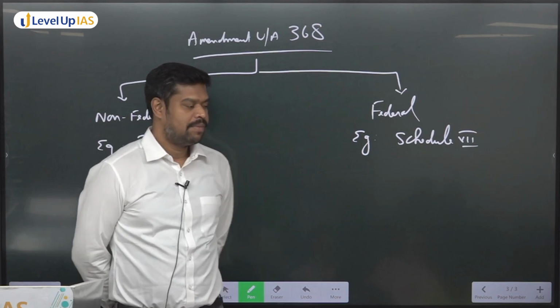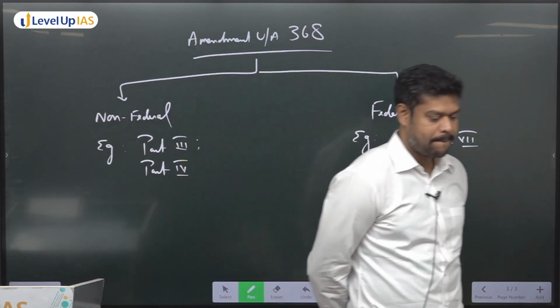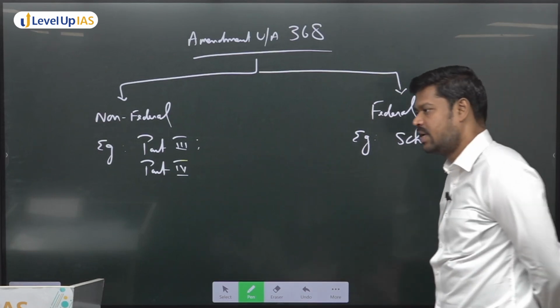What do you understand by amendment to the non-federal provision? First write down: amendment to non-federal provision. Just write down a line.